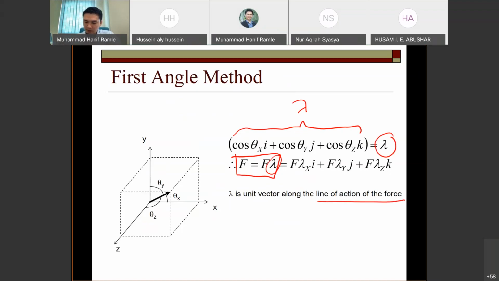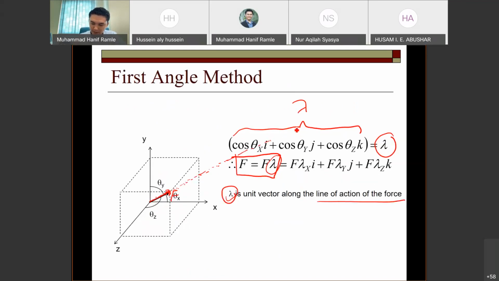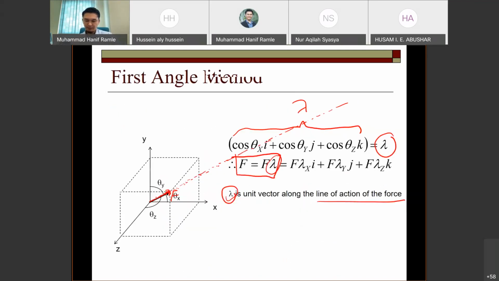The action here is the force, and the line of action comes from the initial point here until the end. This is the line of action, and that one is lambda.